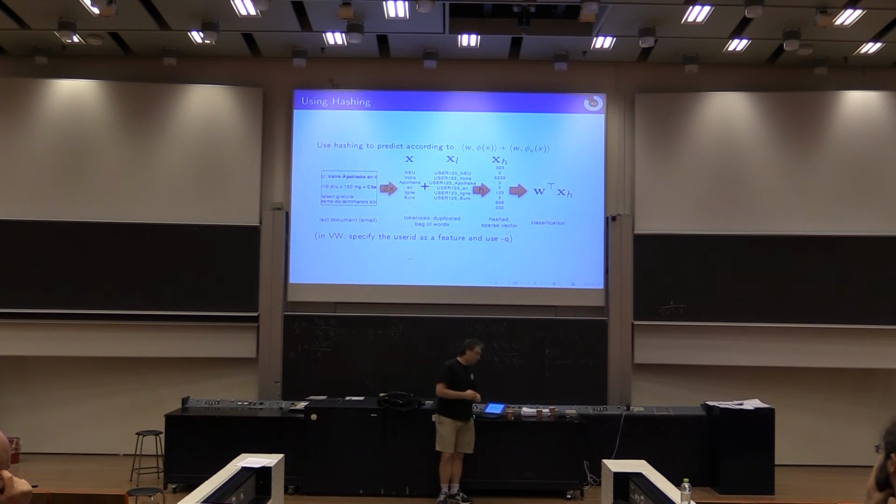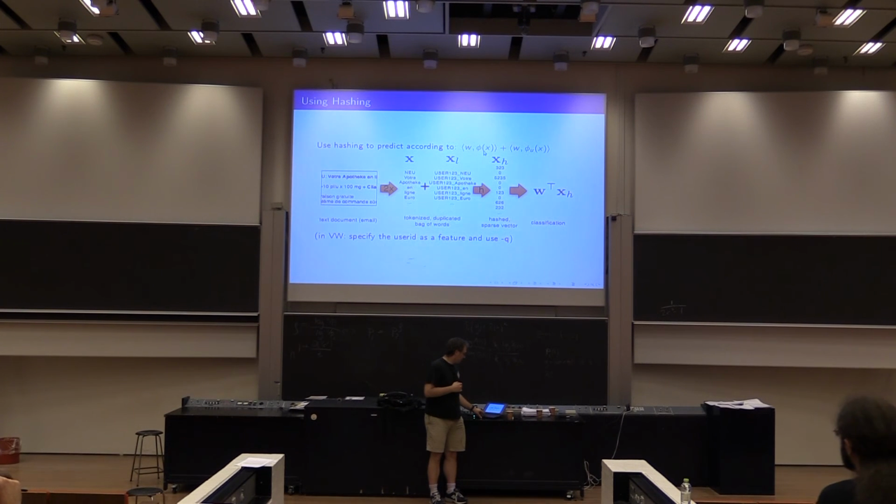Okay, so now you can try to use hashing. The idea is that you have the hash of the words themselves. Then you have to have the hash of the words keyed by the user.